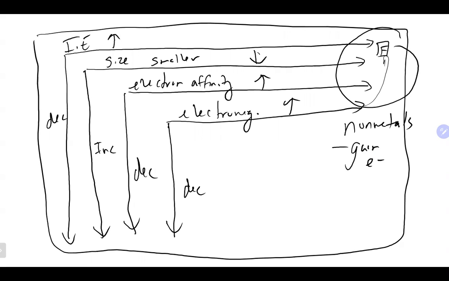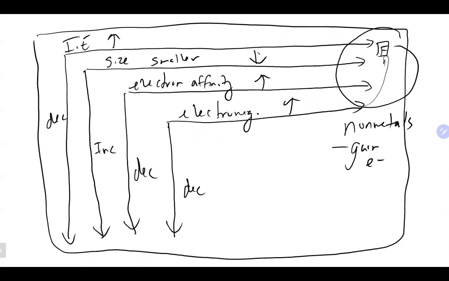As we go to the left and down on the periodic table, everybody gets bigger, which means the outer electrons are further away from the nucleus. They're not held as tightly, which means they have low ionization energy. Easy to remove. They have really no interest in taking anybody's electrons.